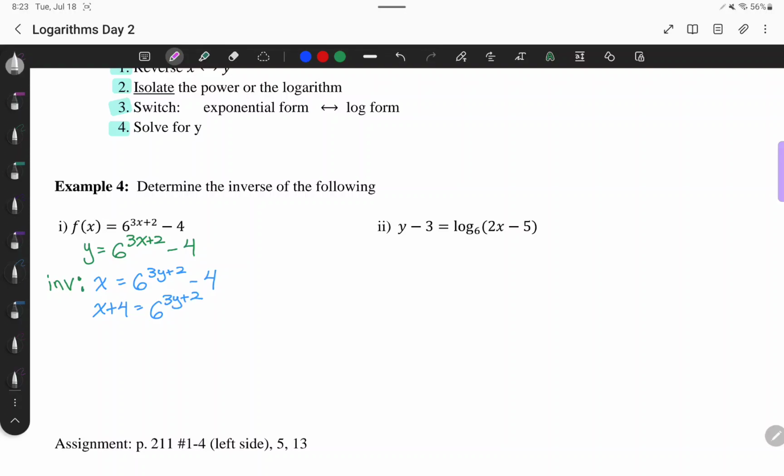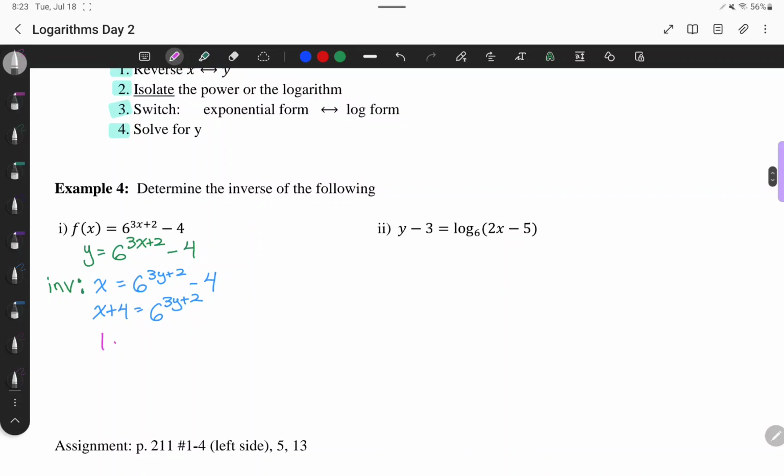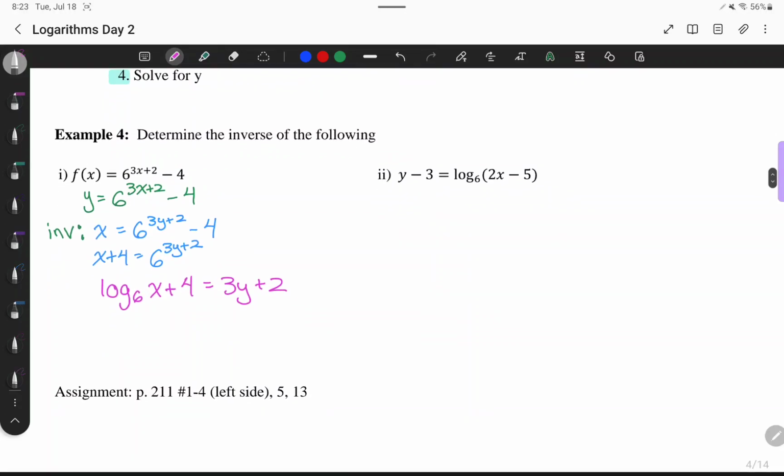Now, there's no way for me to isolate y until I rewrite this as a logarithm. So I'm going to write it as log base 6 of x plus 4 is equal to the exponent, and the exponent is 3y plus 2. Changing that form allows us to isolate y.